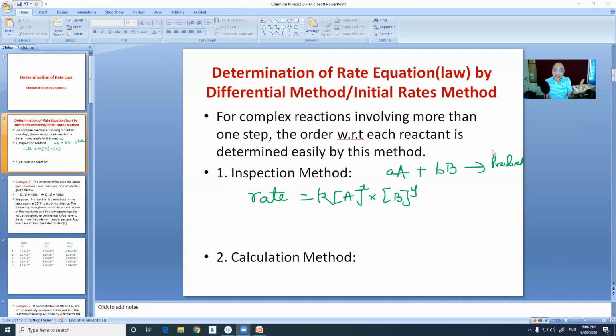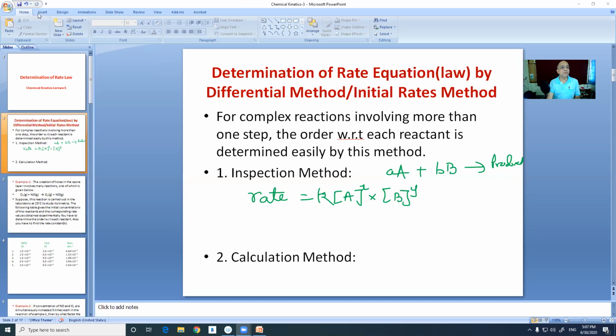Maybe if there is one reactant, or if there are two reactants, the initial concentrations of the reactants are given and the corresponding initial rates are given. And by just comparing between the concentrations and the rates, you can find the order of a particular reaction with respect to a particular reactant. Let's try to learn what is the differential method.